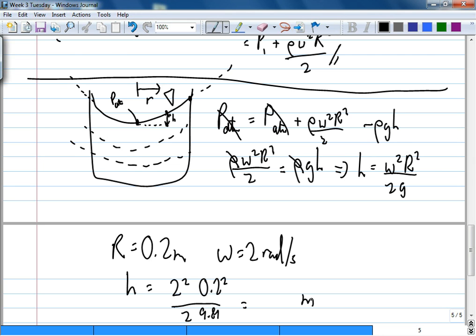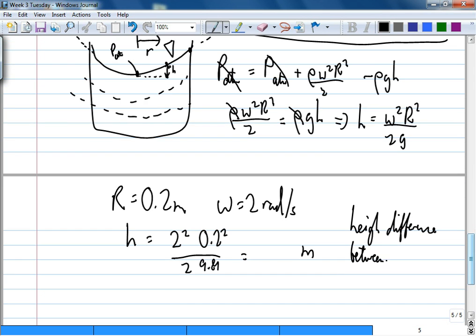Someone punch that in the calculator. This will be my height difference between center and edge of the liquid. What's the answer? Okay, 8.15 mm.